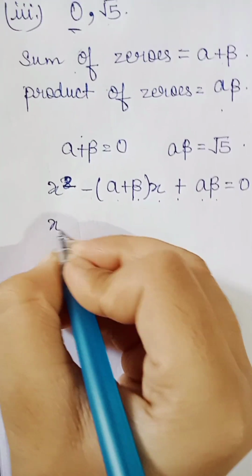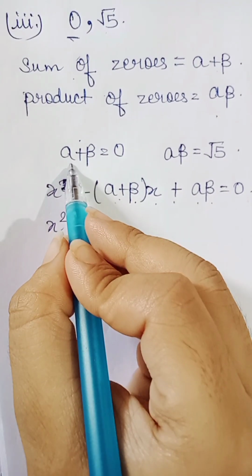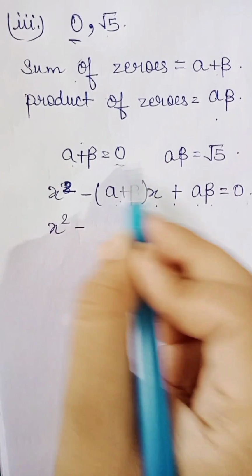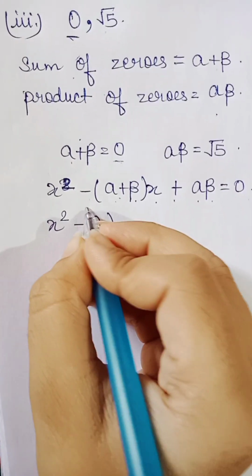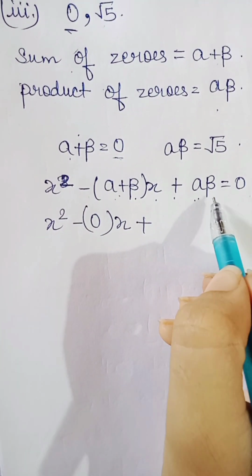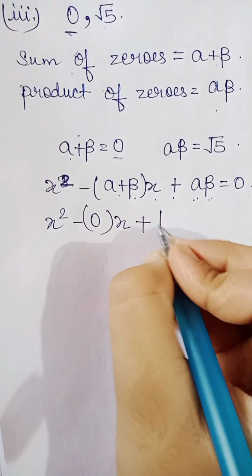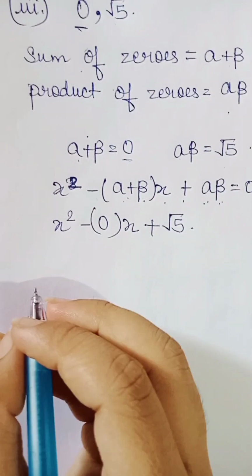Now put the values: x square minus alpha plus beta. What are we having as alpha plus beta? 0. So we can put 0 here into x plus alpha into beta. What is alpha into beta? Under root 5. So we can write it as under root 5.